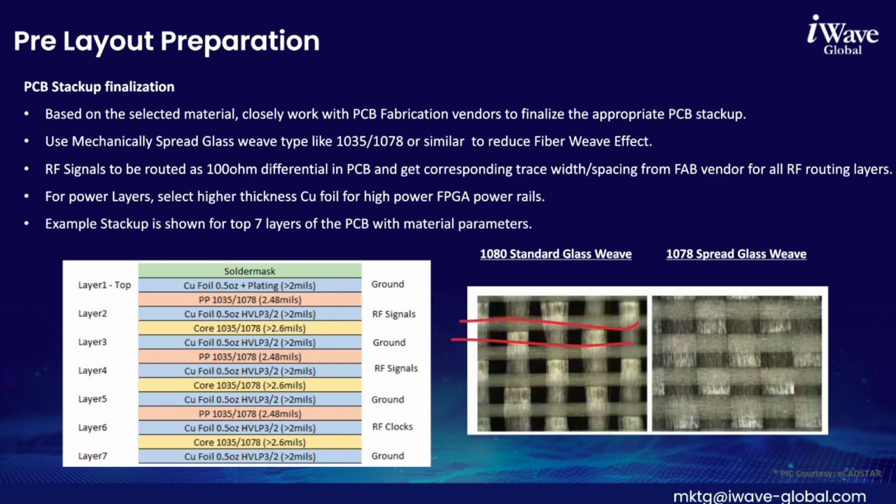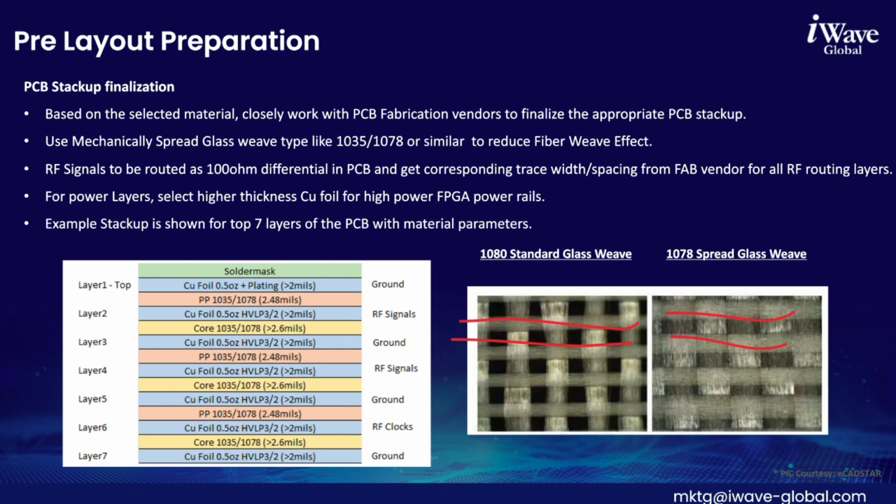To avoid that, we have to use mechanically spread glass weave where the weaves are very tightly coupled and the resin content is very optimized, so that you will have stable Dk and Df performance over the full routing path.